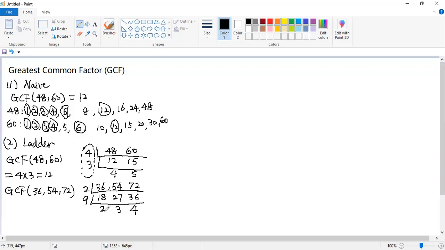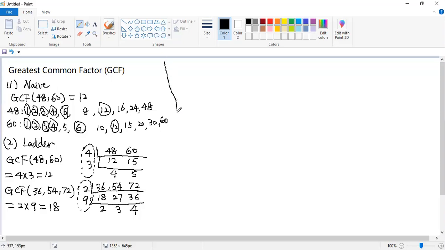At this point, we stop because there is no common factor greater than 1 for all of them, although 2 and 4 have a common factor too. And the GCF equals the product of the numbers on the left side. So it equals 2 times 9 equals 18.